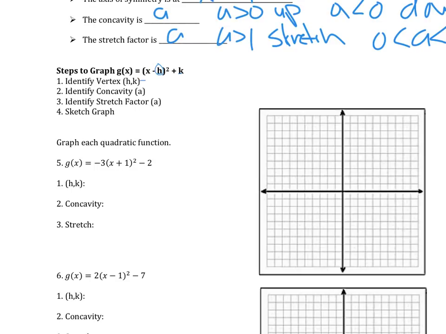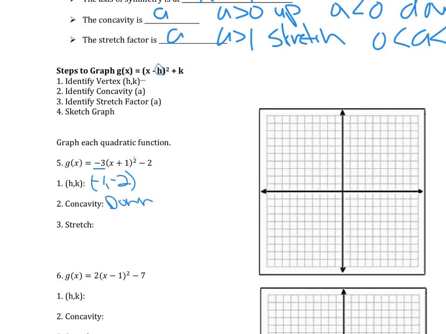All right, so as we look at number 5 here, our (h, k), so we have x plus 1, but remember it has to be x minus some value. So that's why we get that negative 1. So it's (negative 1, negative 2). Our concavity, we're going to be concave down because our a is negative.